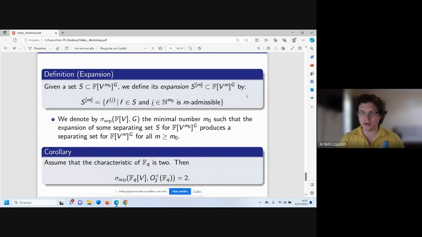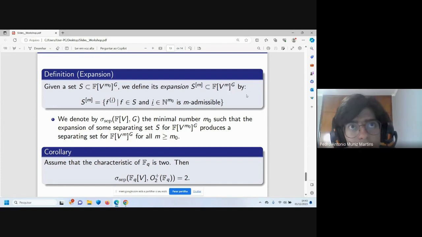Then I have a question. So here, a minimal separating set was obtained, which is actually much smaller than the minimal generating set which was known before. And so the question is the following one. Do you have any idea, or maybe just some intuition, when this minimal separating set actually contains the minimal possible number of elements?